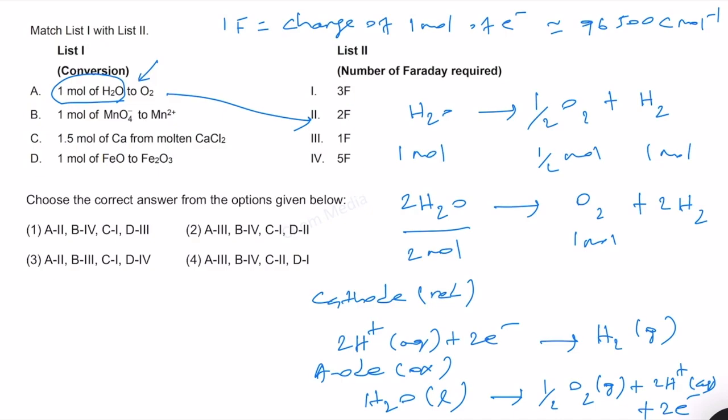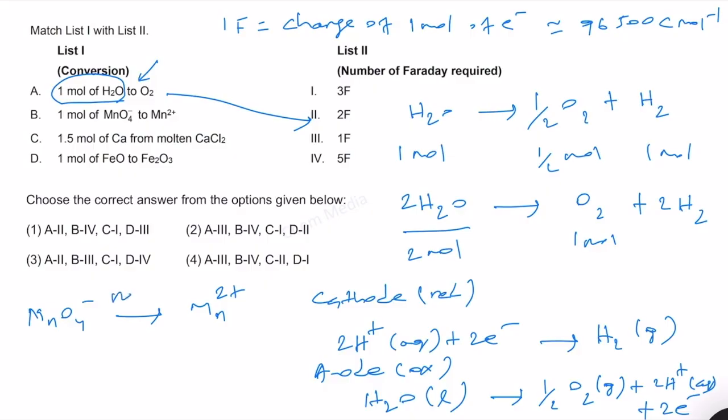In the next case, 1 mole of MnO4 minus to Mn2 plus. This is a reduction reaction. Permanganate ion is getting reduced to Mn2 plus. Keep it in mind that increase in oxidation number is oxidation, decrease in oxidation number is reduction.